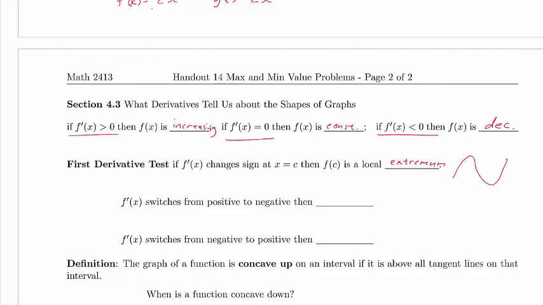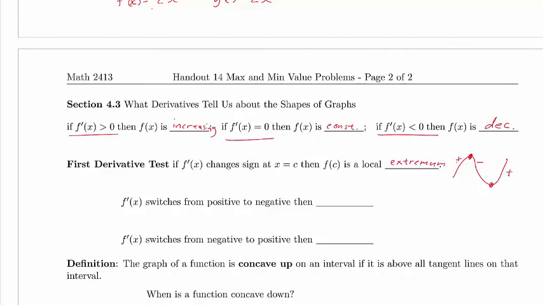Look at a graph like this. Note this is a local max here, local min here. The derivative was positive here and negative here. It changed sign. And then once again down here, local min, it was negative, and then it became positive. And so anytime your derivative changes sign at a value, that's before the value and after the value, that's an indicator that you have either a local max or a local min.